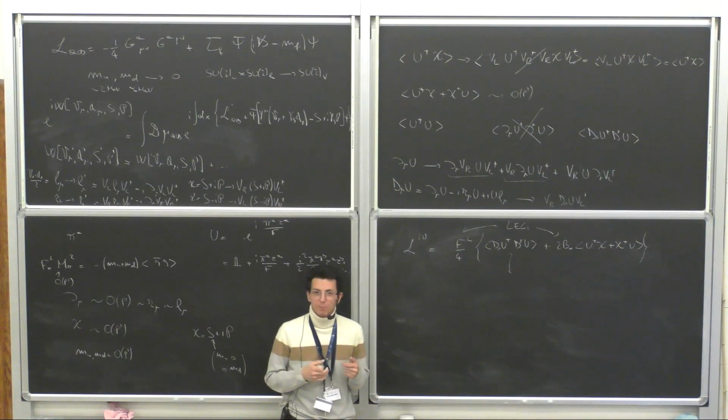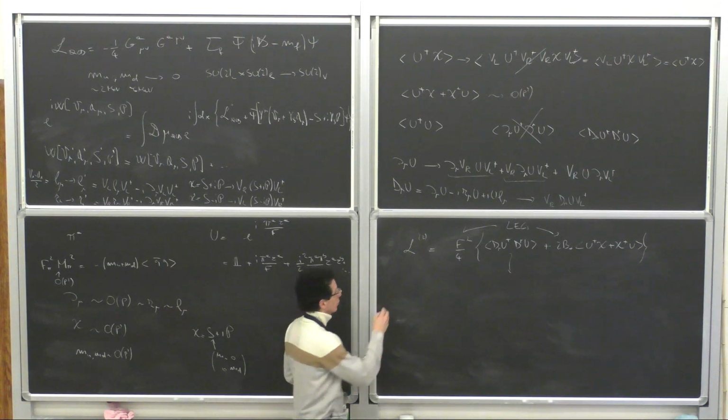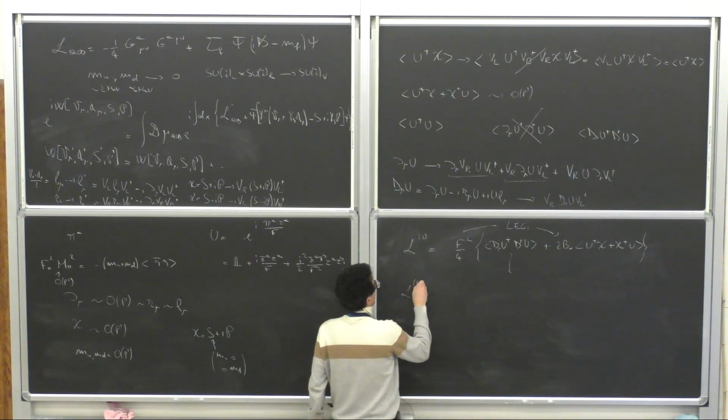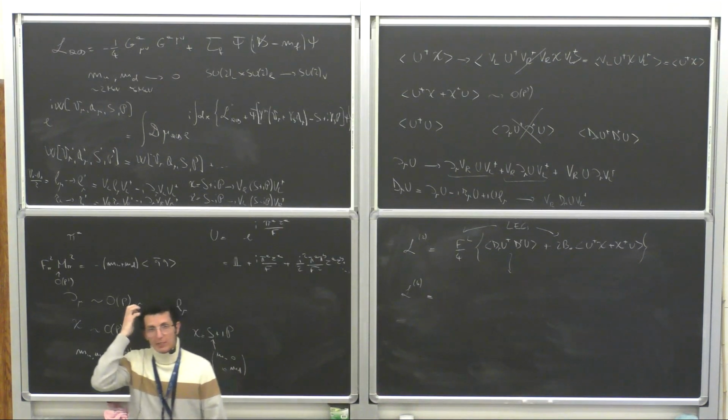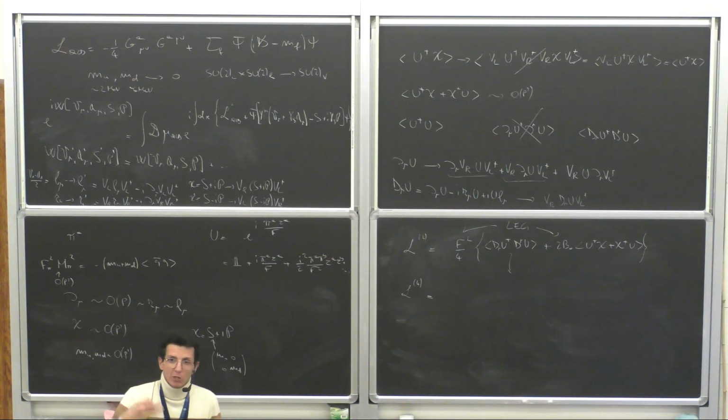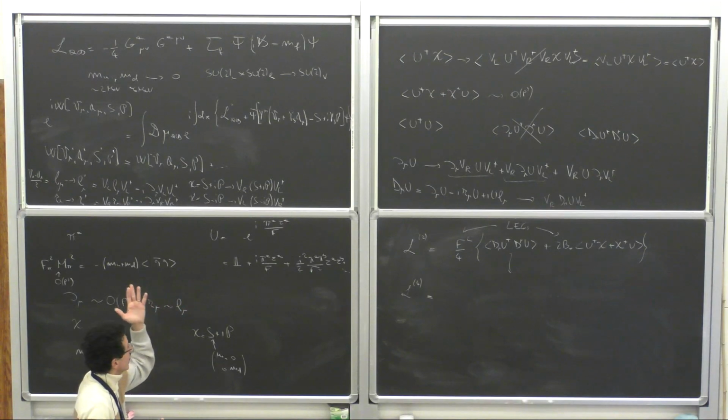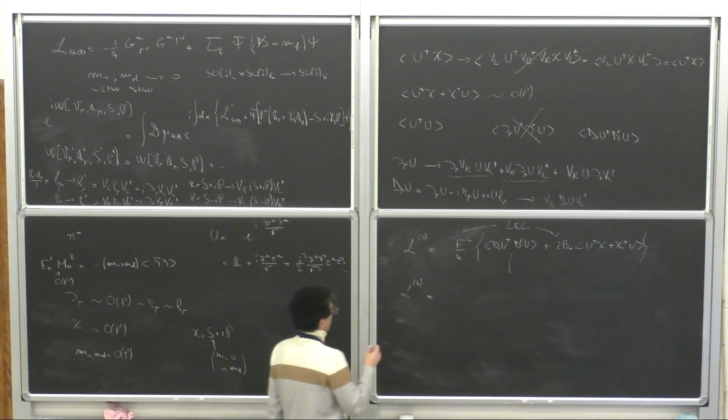This Lagrangian, if you are curious, then the next level in this hierarchy of Lagrangians is of order p to the 4. One example is the one that was written before.